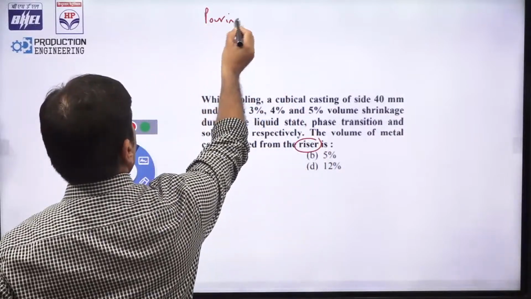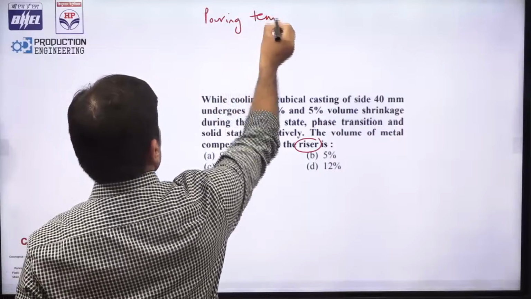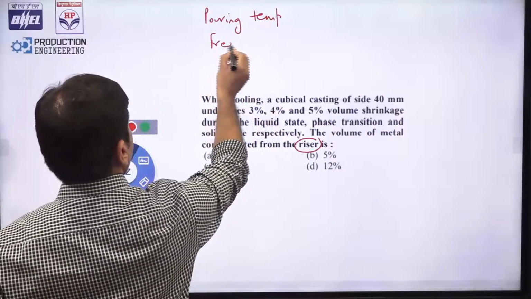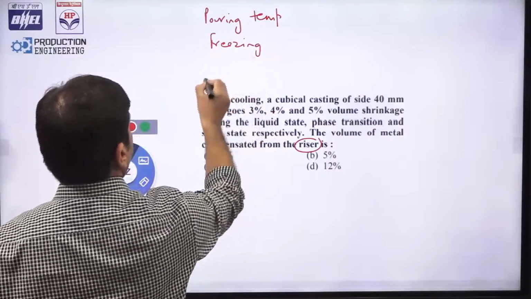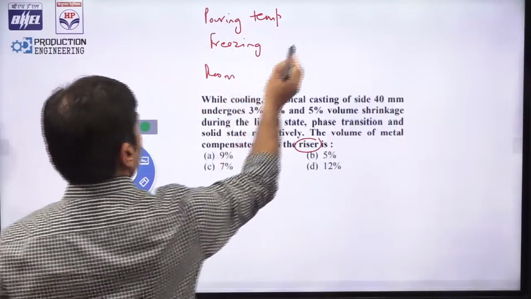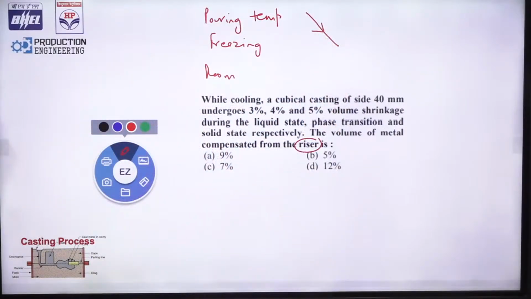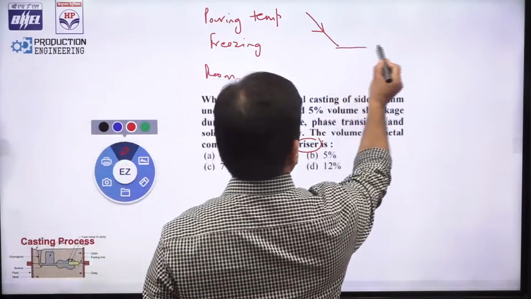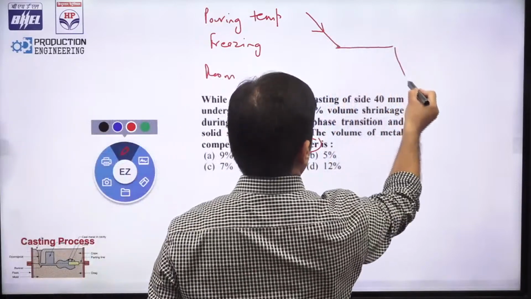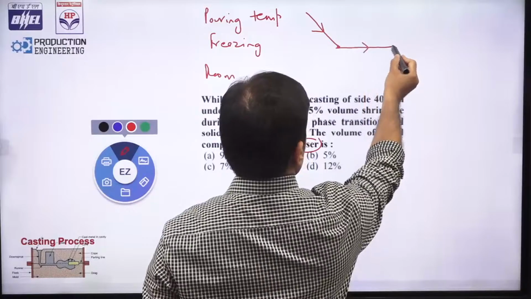So the riser will only take care of, as I told, this is a pouring temperature, then there is a freezing temperature, and then there's a room temperature. So what happens is the liquid is first at pouring temperature, then it comes to freezing temperature, and liquid changes to solid, then solid changes to solid.